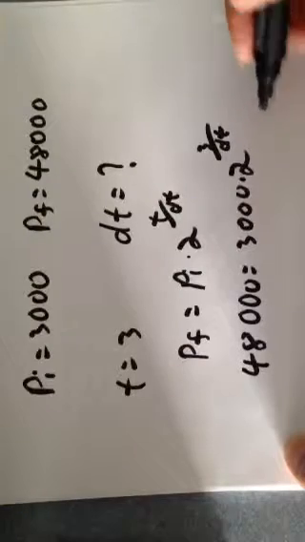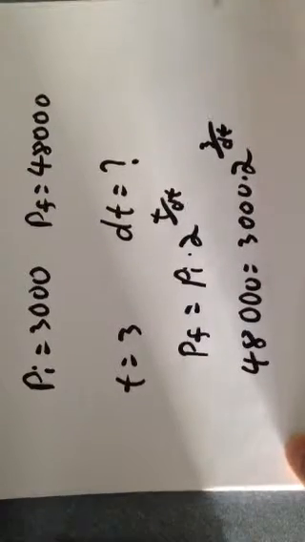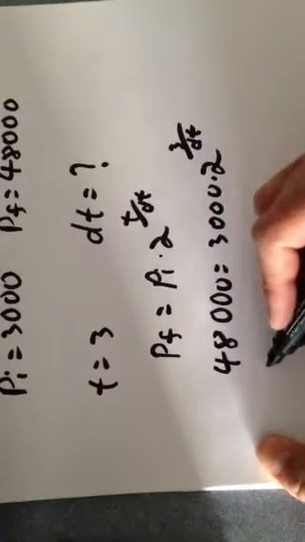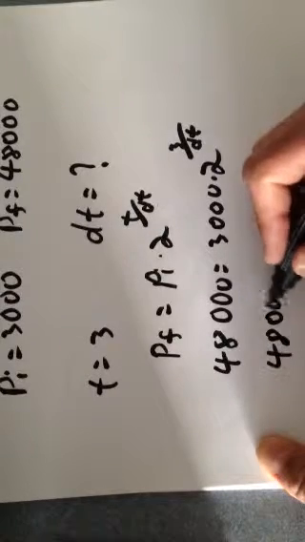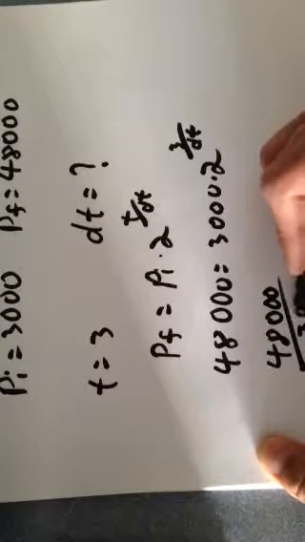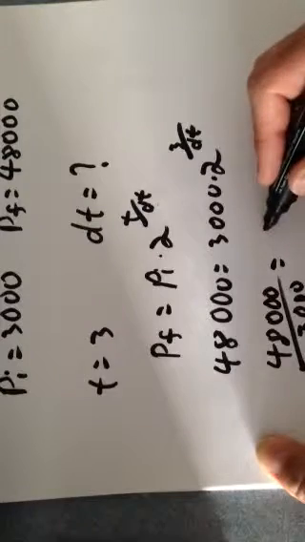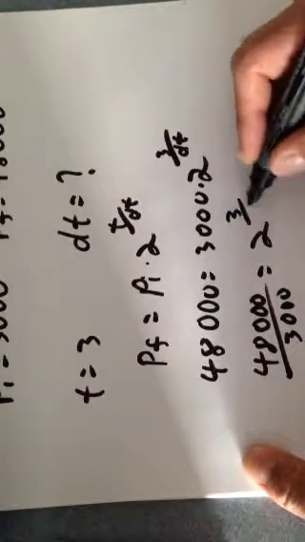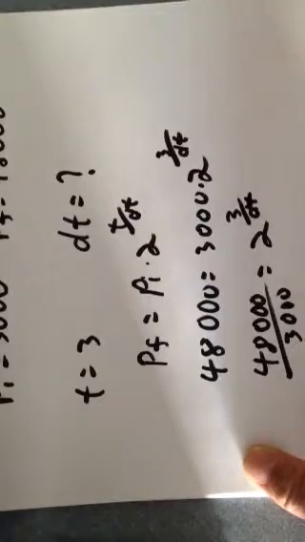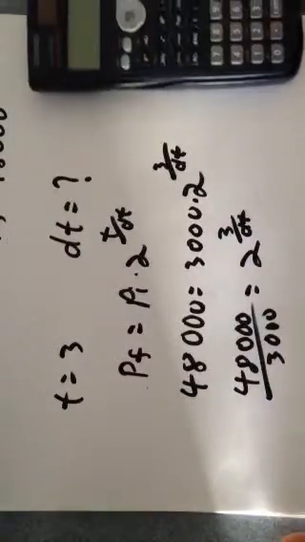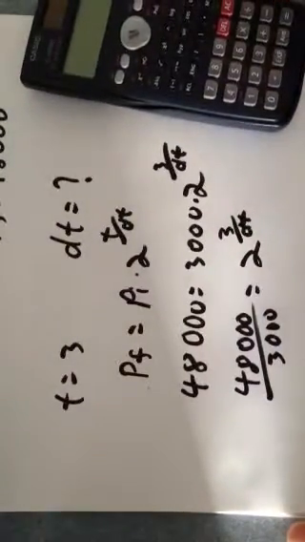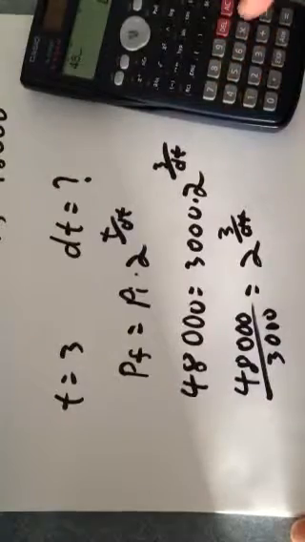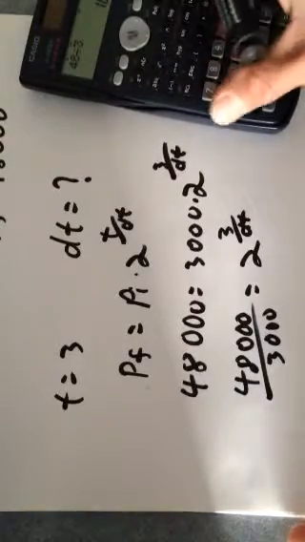To achieve that, I'm going to divide both sides by 3,000. So we have 48,000 divided by 3,000 is equal to 2 to the exponent 3 over dt. 48,000 divided by 3,000, or the same as 48 divided by 3, is equal to 16.